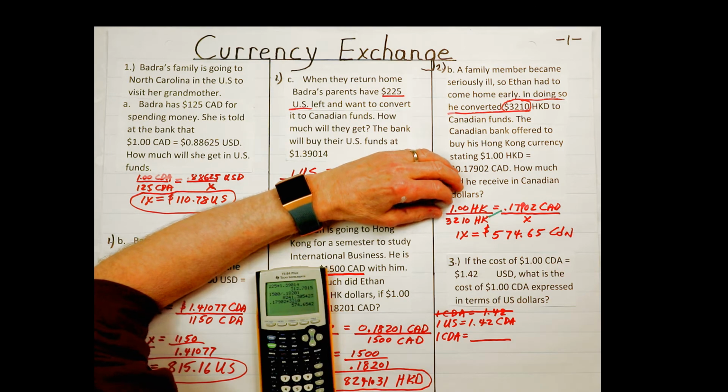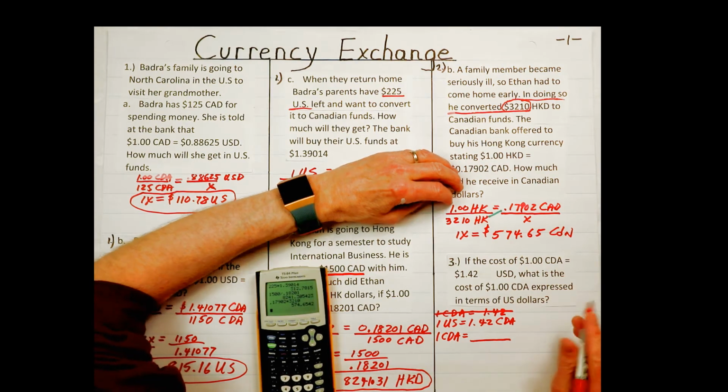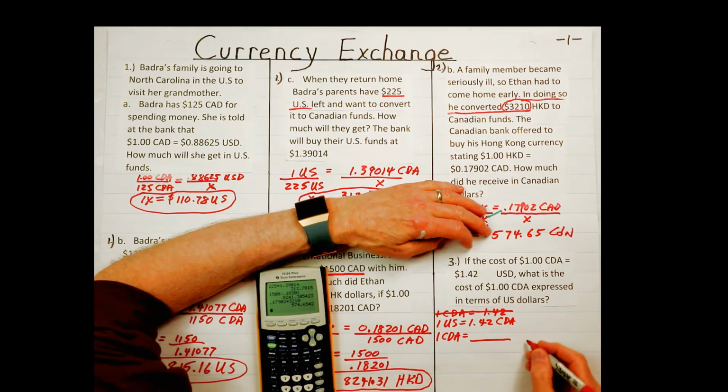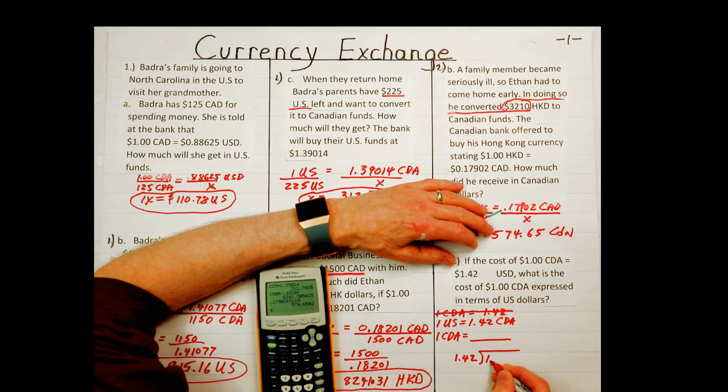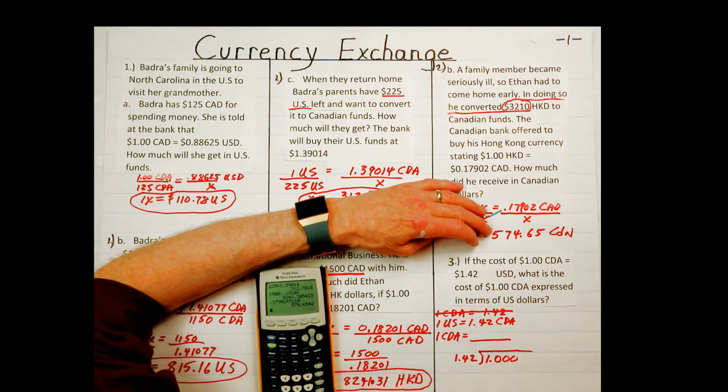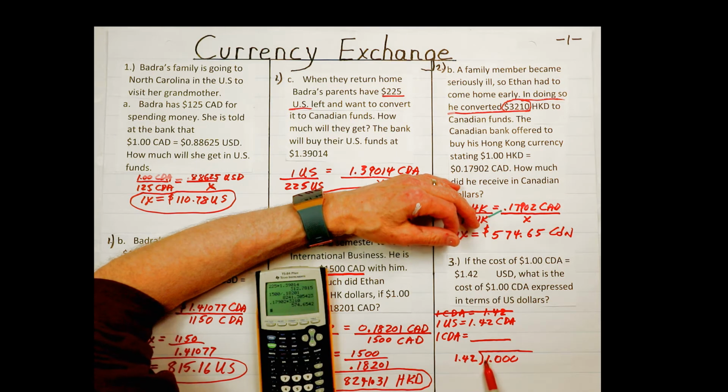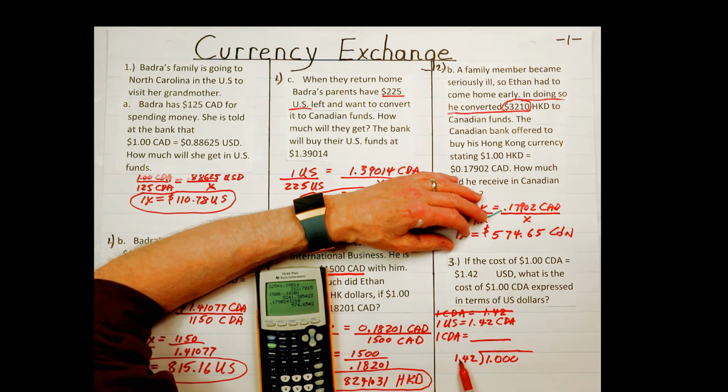So here's what we do. I'm going to do this with long division. Call me crazy. But I'm going to use long division here. And I'm going to take $1.42, which is the value of 1 US dollar. So if I take $1.42 and divide it into 1, what I'm actually trying to do is find out how many US dollars are in a Canadian dollar.